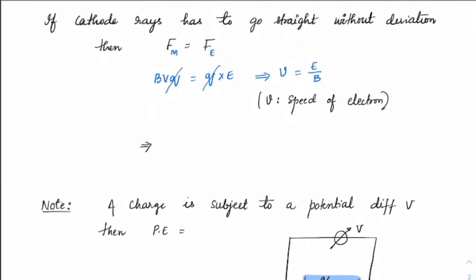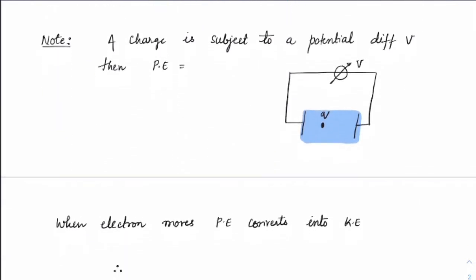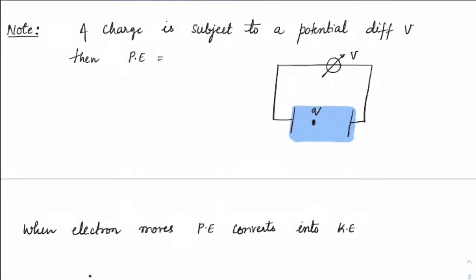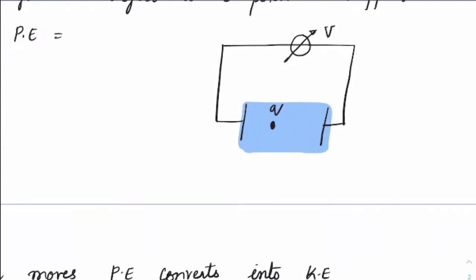Okay. Next, another important point you need to learn from here is that suppose there is an electrical field present with voltage V, which is what we call the potential difference. I'm pretty sure you may have come across cases like when there is a potential difference between two metal plates, where one side is positive and the other side is negative.